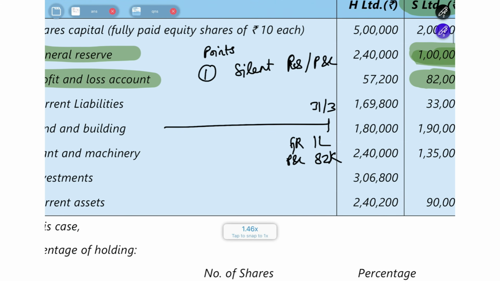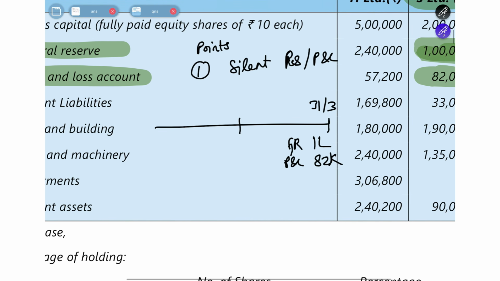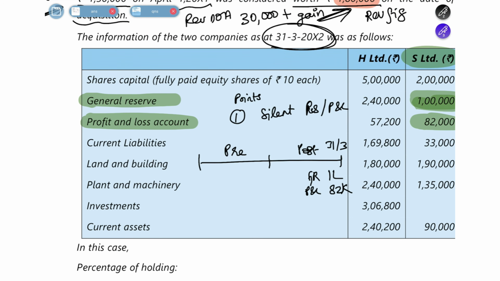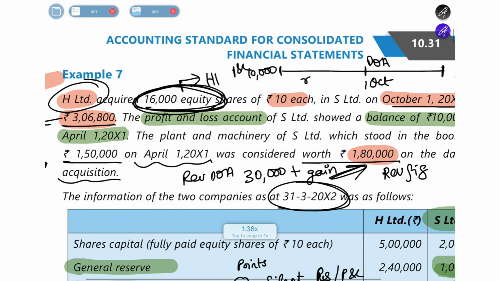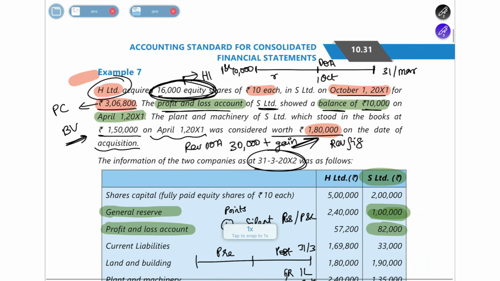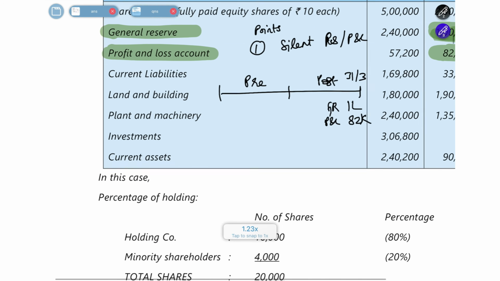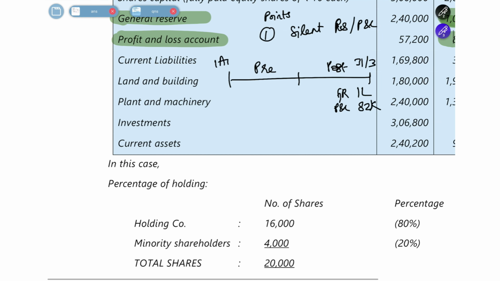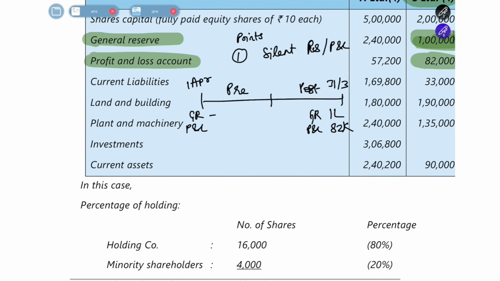In this question, how will you know how much is pre and how much is post? Is there any other information given? There is one piece of information: the P&L account of S Limited showed a balance of 10,000 on 1st April. That means as on the year start, we don't know about general reserve, but P&L account had a balance of 10,000.